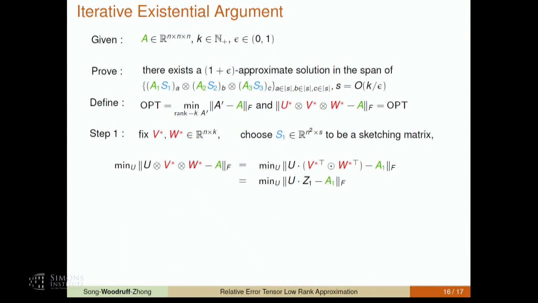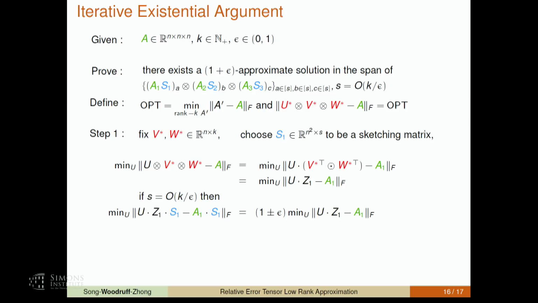So instead of UZ1, I use UZ1S1, where S1 is this Gaussian matrix, which is supposed to squash down the number of columns. And I replace A1 with A1S1. I get this much smaller matrix problem.